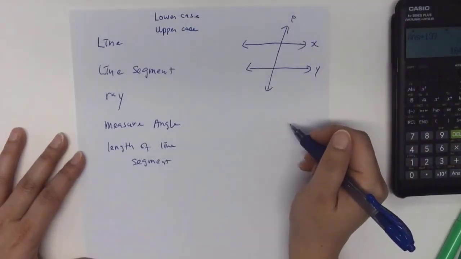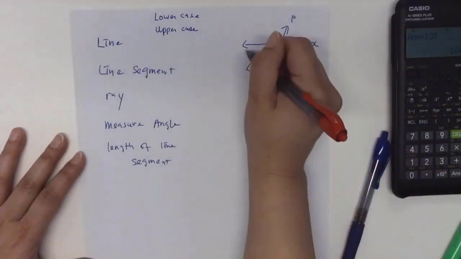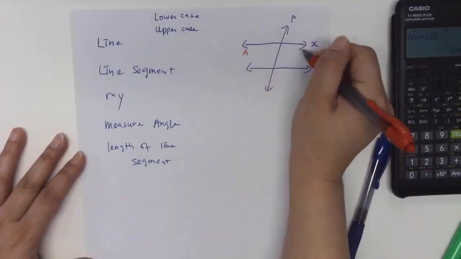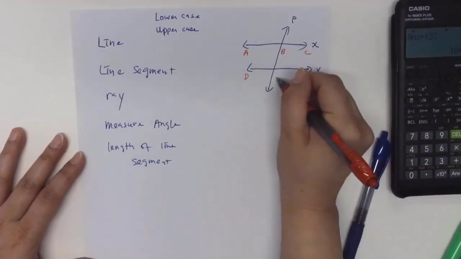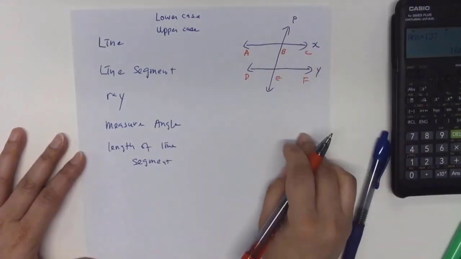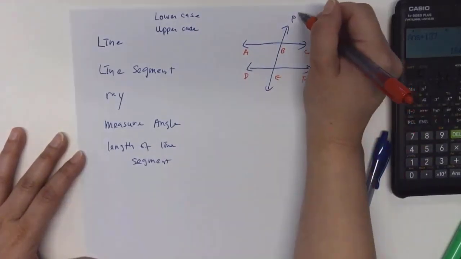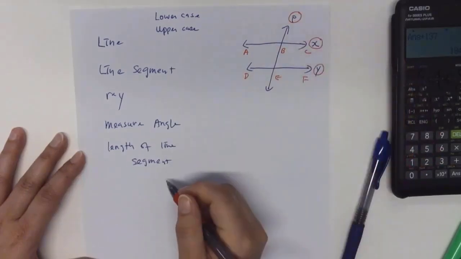And when they talk about other things, they may use letters A, B, C, D, E, F. For the uppercase, you will have to incorporate two of them together, but if you just want to name a line, you can use those lowercase letters. So don't mix them together.